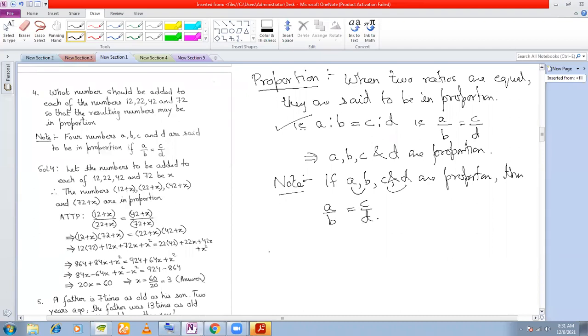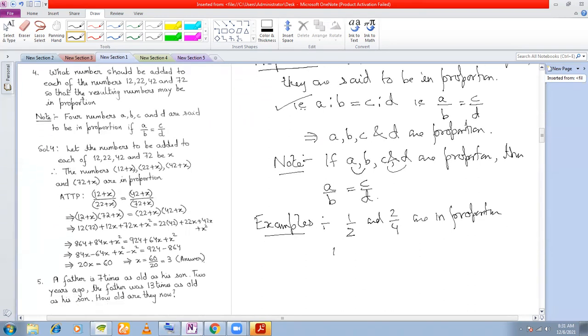Okay, so this was the definition of proportion. Now, can you give me examples of two ratios or two fractions that are in proportion? Half and 2 by 4 are in proportion, right? Yes, sir. Right. Can you give me one more? 3 by 4 and 18 by 24 are in proportion.